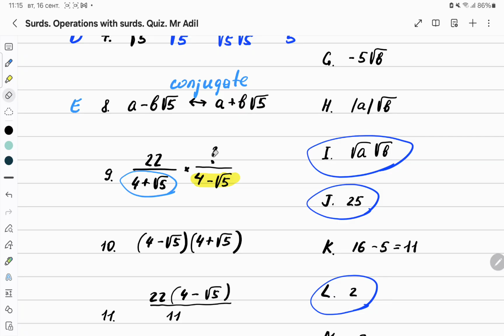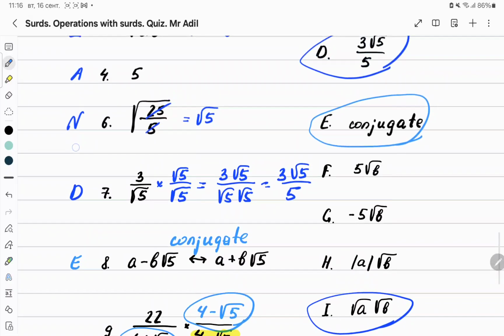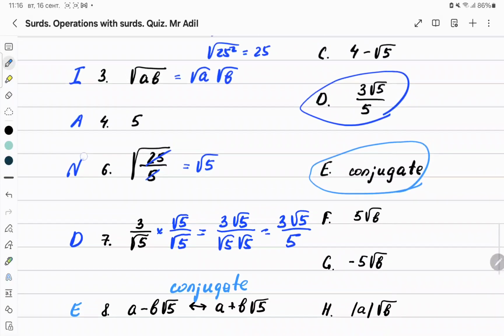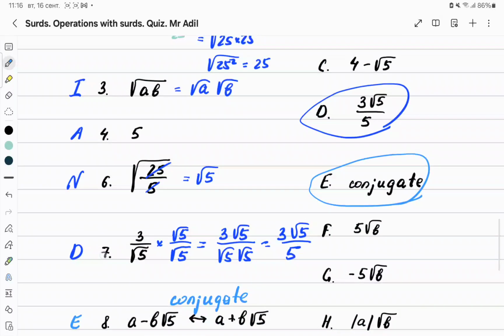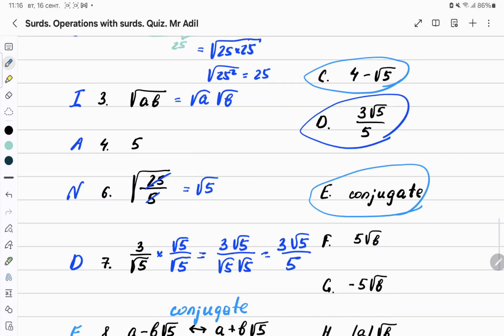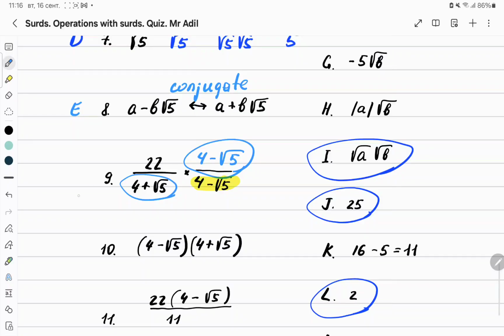That is why, according to the rules of rationalizing the denominator, we have to also multiply by 4 minus square root of 5 in the numerator. So we have to find the answer. Where is this answer? 4 minus square root of 5. Yes, this is C.